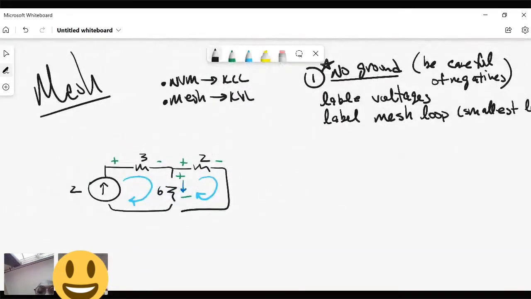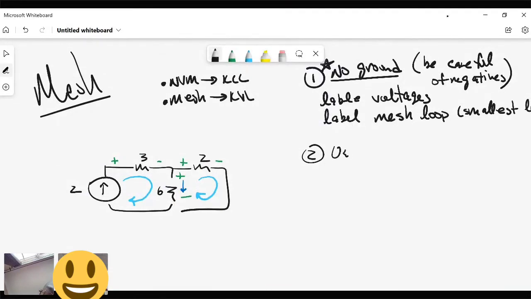Very similar to the node voltage method. Step two in the node voltage method would be to look at your voltage sources and see if any of them give you automatic voltage answers. So for mesh current, you're going to look at your current sources.